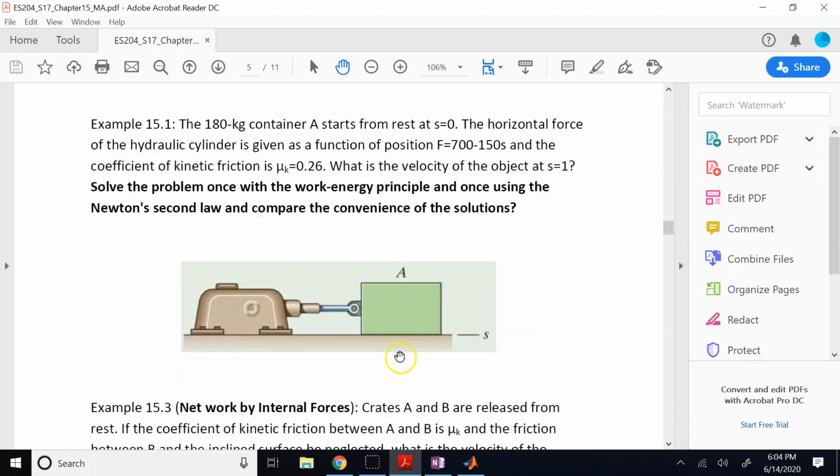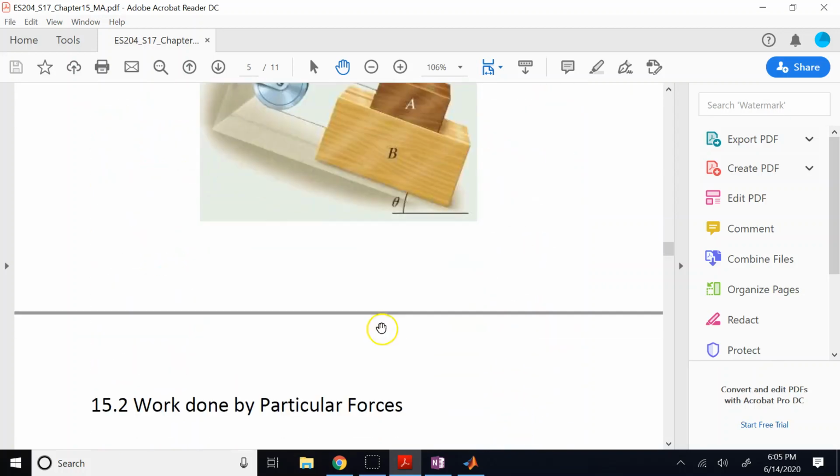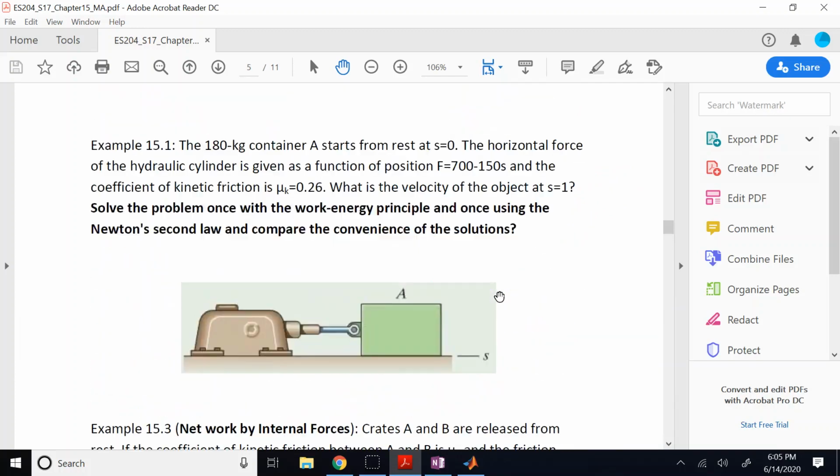Now that we have seen this basic, let's start looking at some examples together and then see how we can use that. So the first example we are going to do together is example 15.1, where you have a container A pushed by a hydraulic cylinder, and the mass is 180 kilograms.